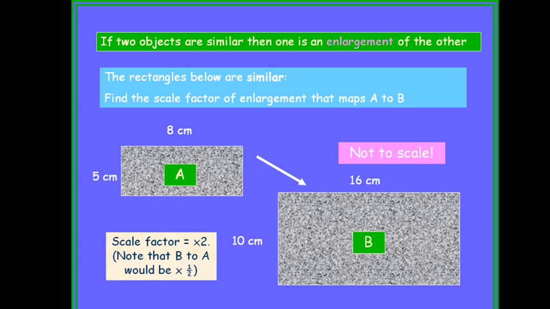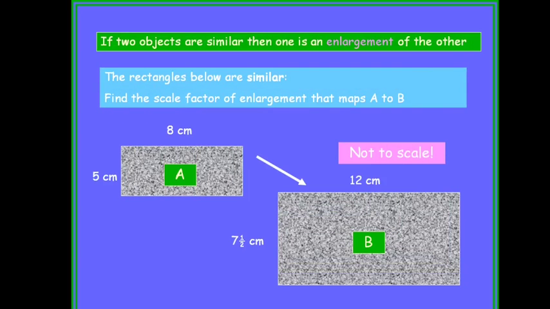You can remember this terminology, scale factor. In the next video, we shall refer to it as SF in abbreviation. So you need to remember SF stands for scale factor.